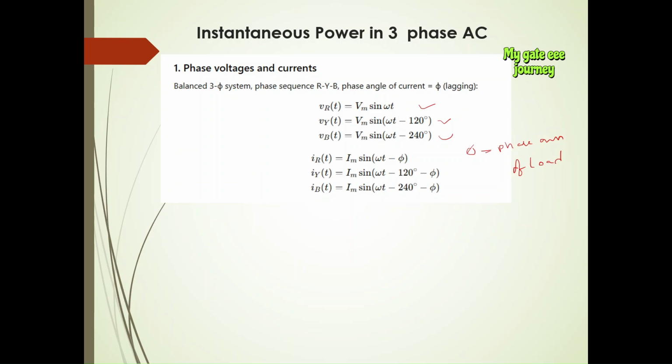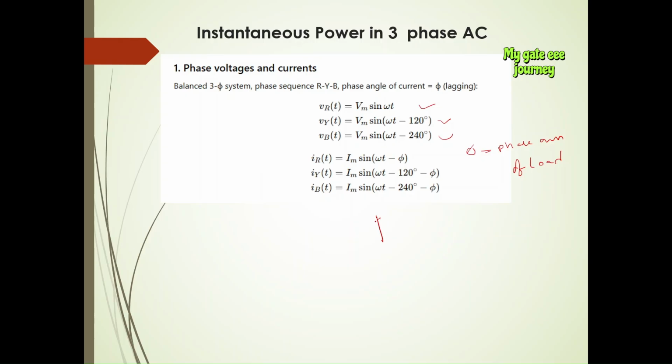Y phase voltage is Vm sin omega t minus 120. B phase is equal to Vm sin omega t minus 240. And the corresponding currents are Im sin omega t minus phi. In Y phase, it is Im sin omega t minus 120 minus phi. In B phase, Im sin omega t minus 240 minus phi.